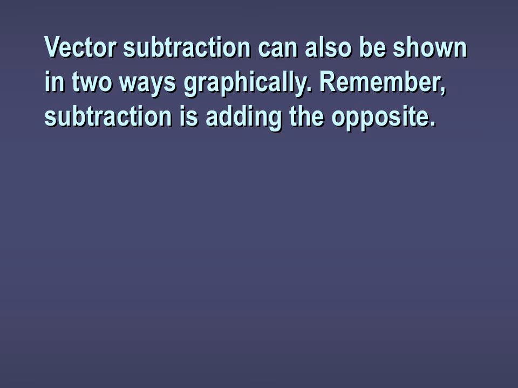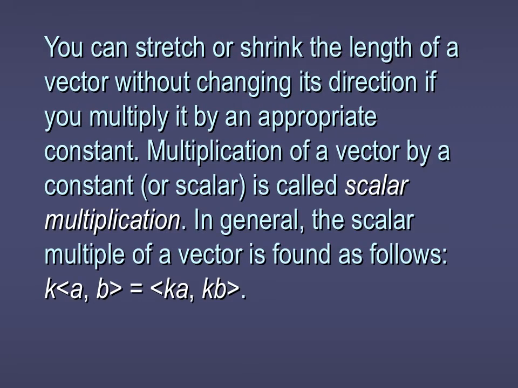So just so you know, we can subtract vectors just as we add them. You just have to remember that subtraction is actually adding. It's just adding the opposite. So as long as you remember that subtraction is defined with adding the opposite, you can also do vector subtraction. You can stretch or shrink the length of the vector without changing direction if you multiply by a constant.